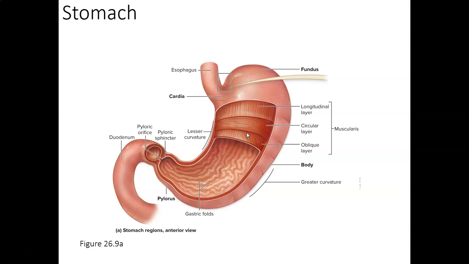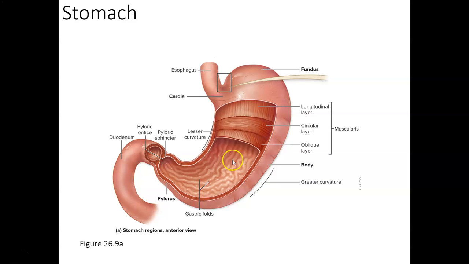And so what's unique about the muscularis of the stomach is instead of two layers of smooth muscle, it has a third layer that's called oblique layer, right? It's the innermost layer. And this is unique for stomach. All the other parts of the GI tract only have two layers, circular layer and longitudinal layer of the smooth muscles.